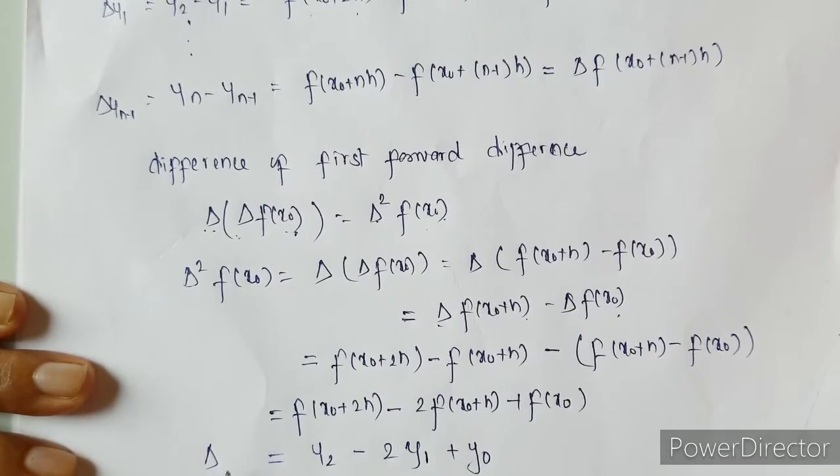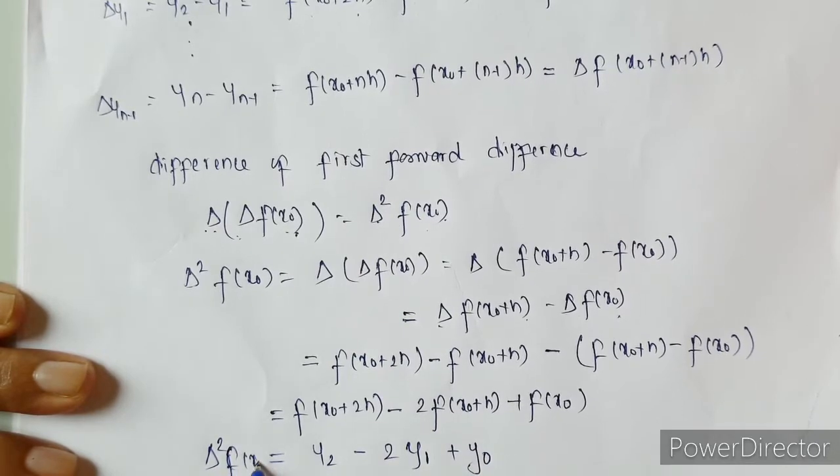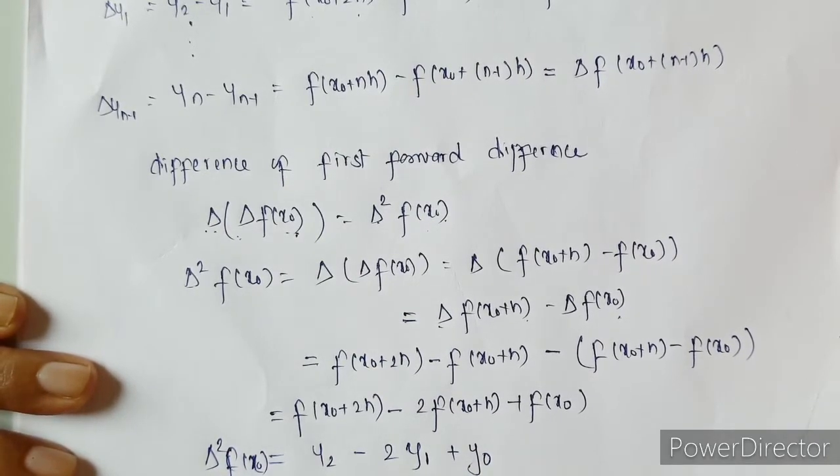So difference of first forward difference is y2 minus 2 times y1 plus y0.